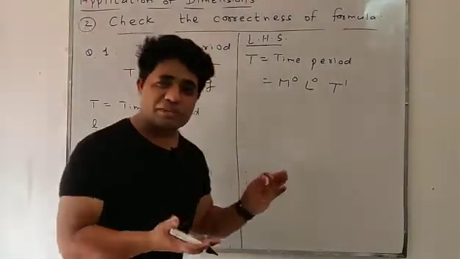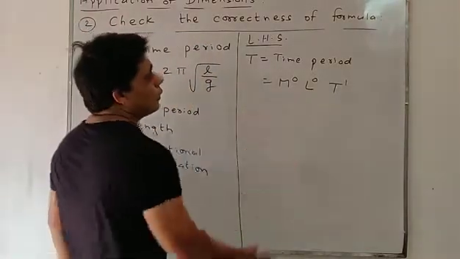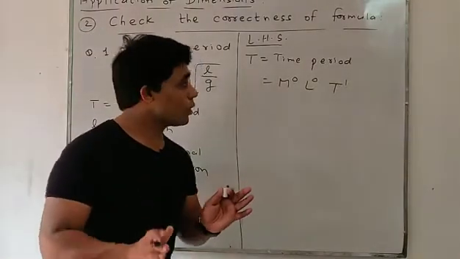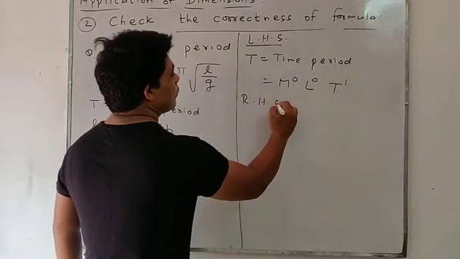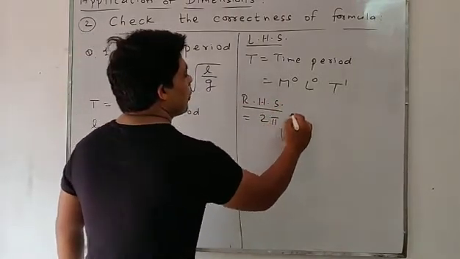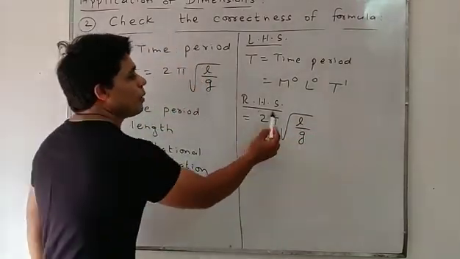We did this in the first lecture, where we found the dimensions. You can check it on my YouTube channel; you will get the dimension of all the physical quantities. Now students, we'll come to the right hand side. At right hand side we have 2 pi root L by g. Look, students, 2 pi is a number.